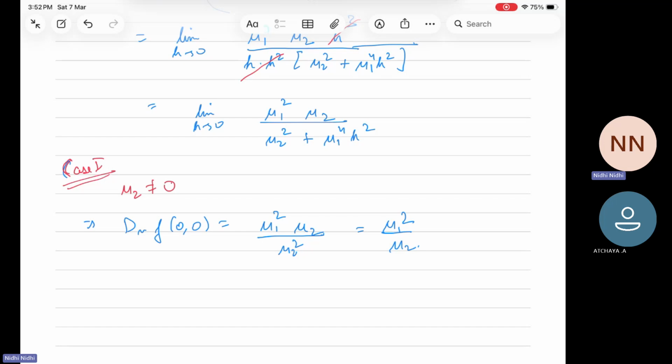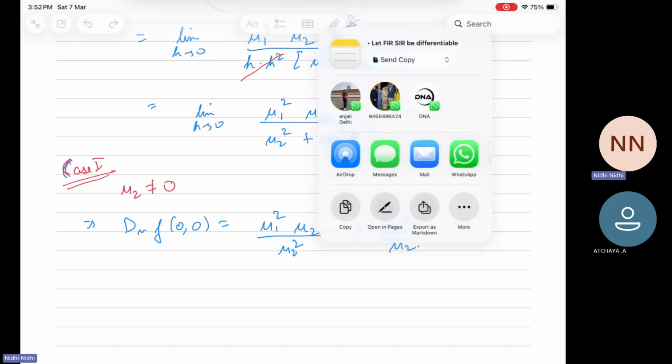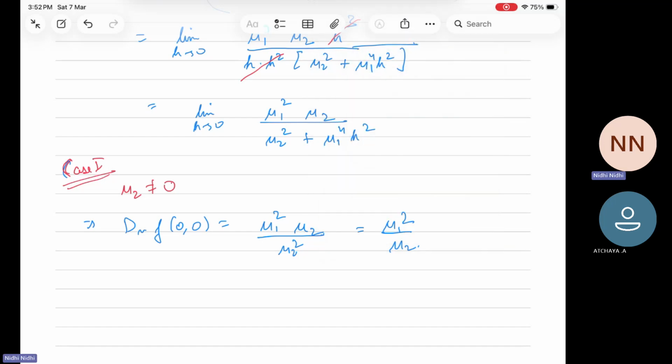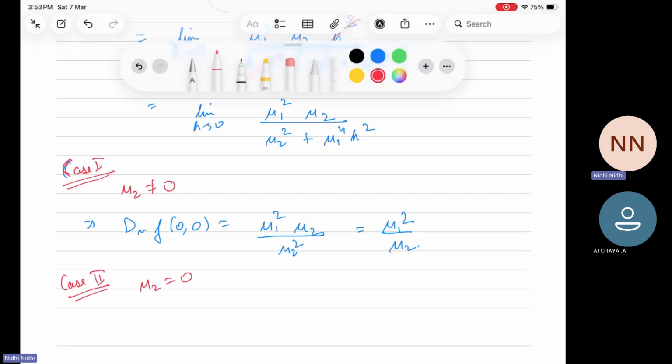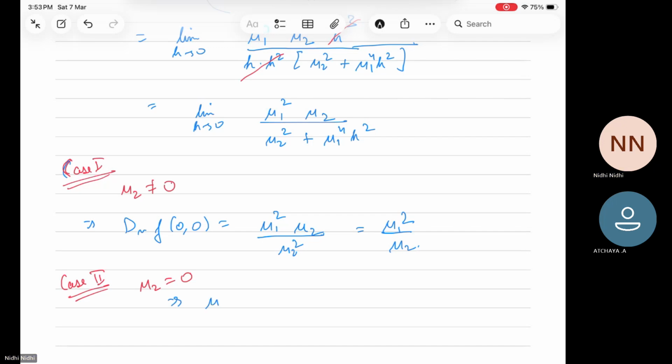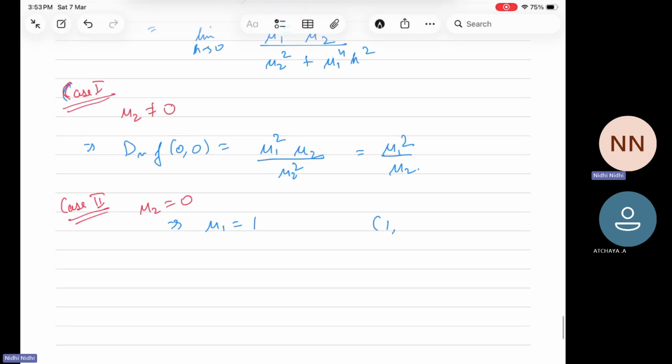Therefore, in this case, the directional derivative exists. Now let's see what happens when this u2 is 0. Since u2 is 0 and u is a unit vector, therefore u1 must be equal to 1. And that means the directional derivative is in the direction of 1 comma 0, direction of x-axis.